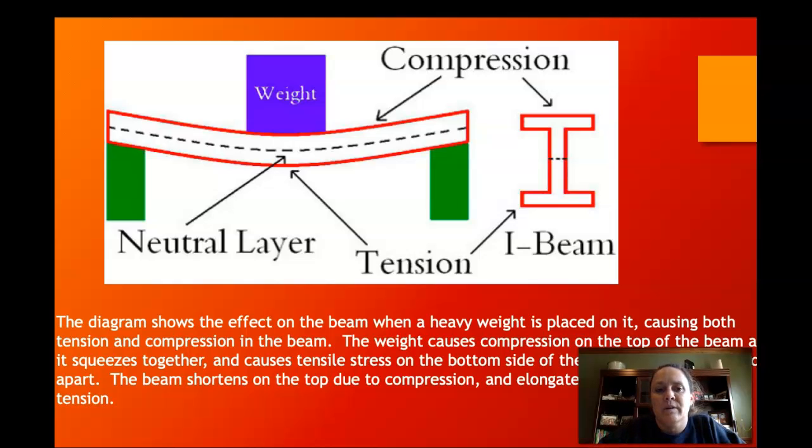So the bottom part of the I-beam is being stretched, or under tension, and the top of the I-beam is being compressed. So two different things are happening to your I-beam. Also, your green stanchions on the side would be compressed.